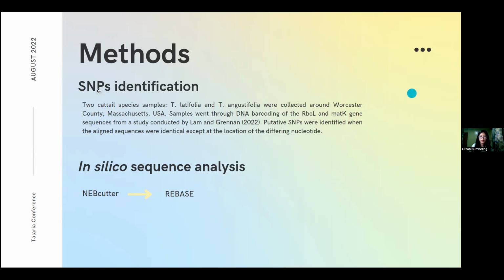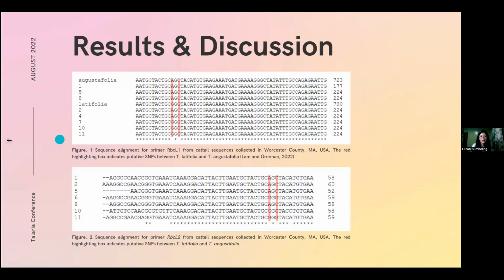So moving on to my results and discussion. In figures 1 and 2, we can see that five putative SNPs were identified after the alignment of DNA barcode sequences from the cattail species collected around Worcester County. The sequences were obtained from PCR fragments amplified using primers to different sections of the rbcL gene, which is commonly used in DNA barcoding.